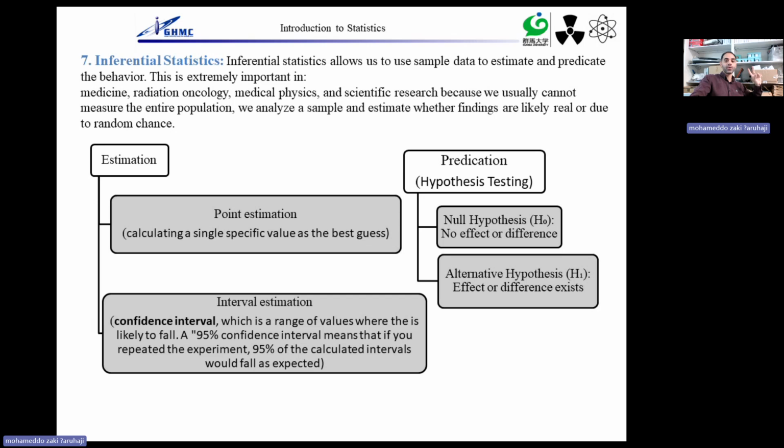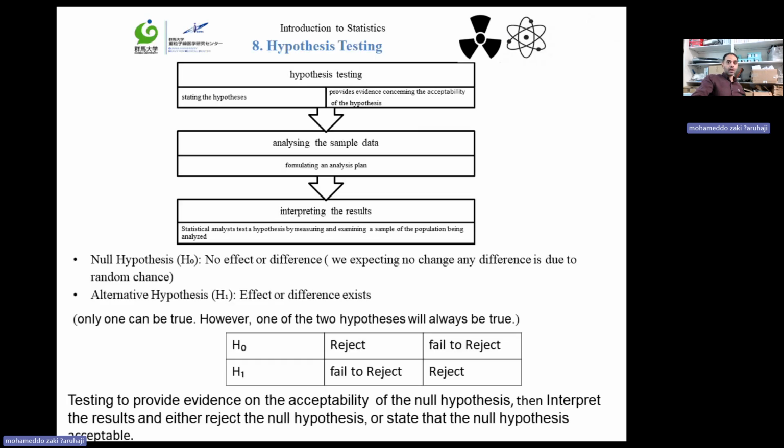One is what we call the null hypothesis, which is H naught, and the other is the alternative hypothesis. What we do in hypothesis testing is state a hypothesis, I say something, and I need to provide evidence from my data to see if my hypothesis is acceptable or not acceptable.